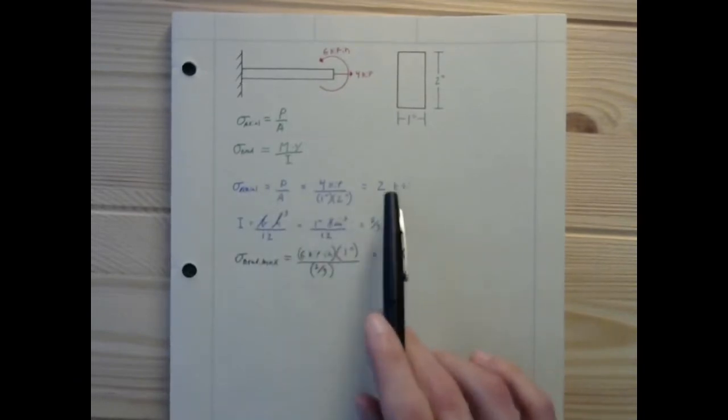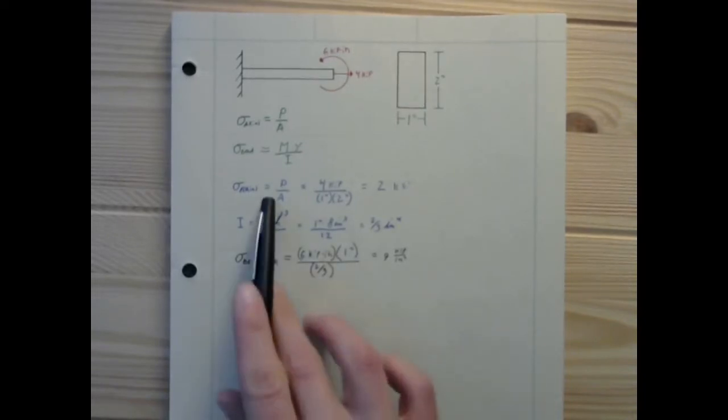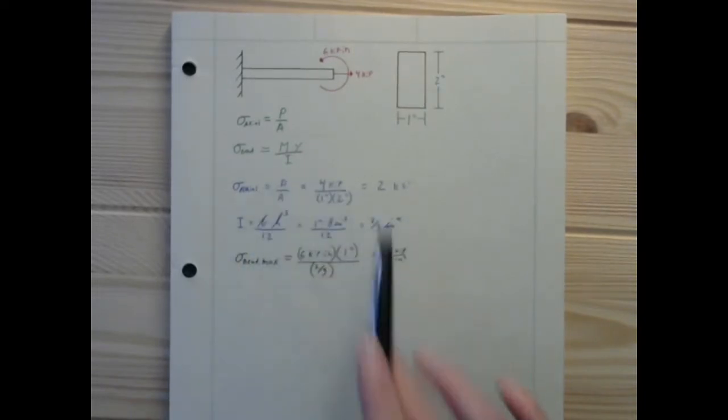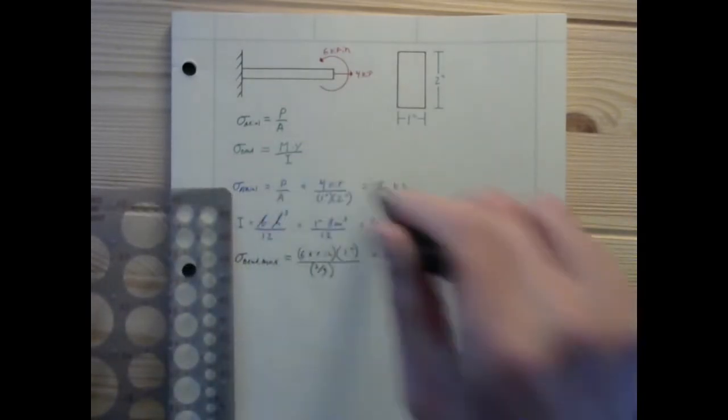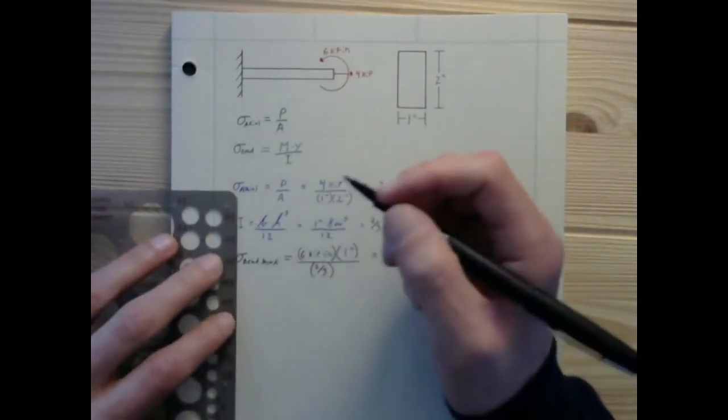Now, because we've applied this normal stress, normally we wouldn't even draw this, but let's draw the stress distribution due to our axial loads. I should have put axial stresses in one color, and I'm not going back.